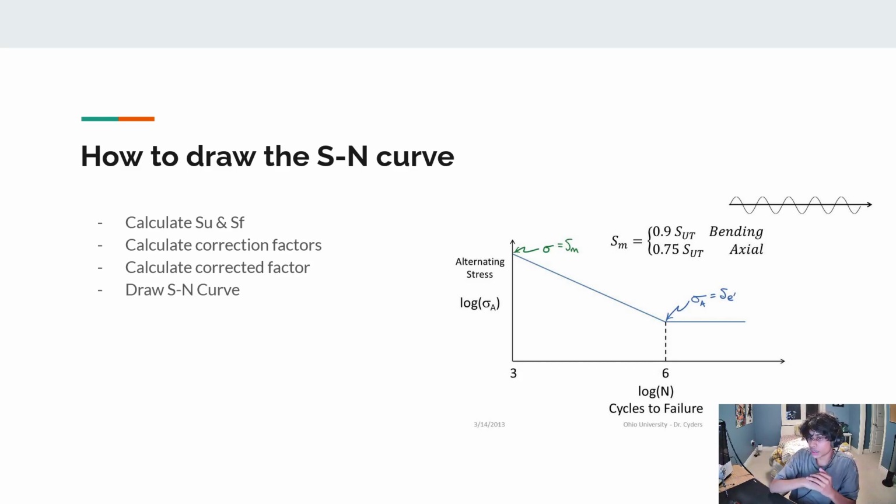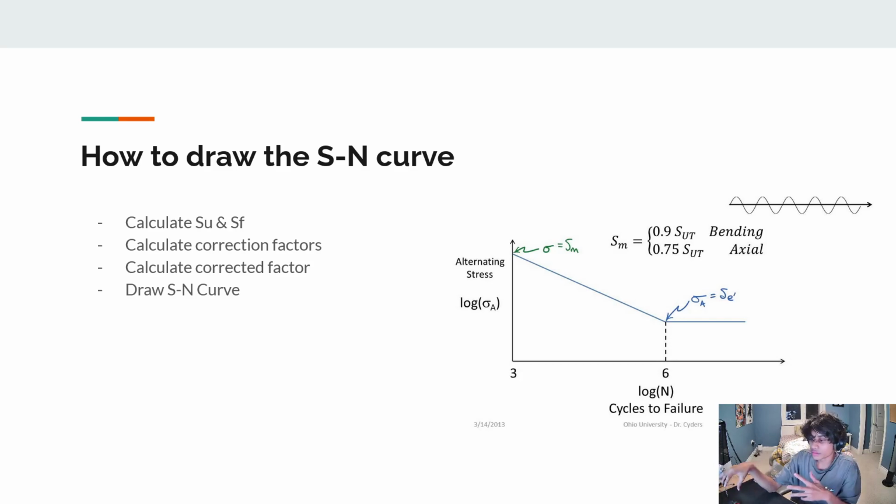And the value for this amount of cycles is also known as Sf. And Sf is the ratio between stress and cycles, and it's basically showing that value for 10 to the 3 cycles.